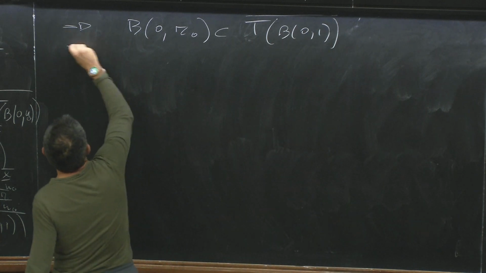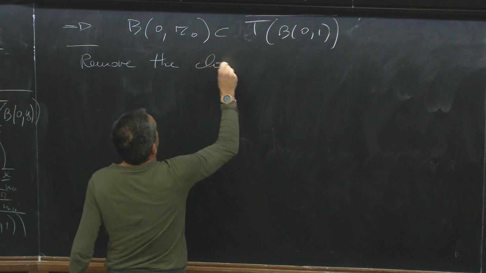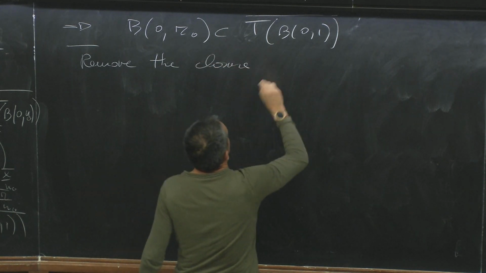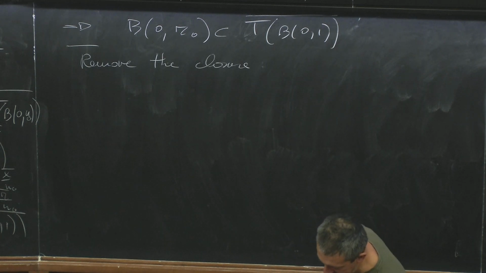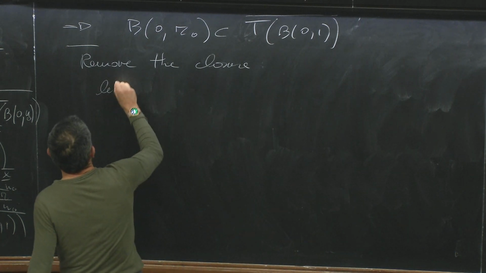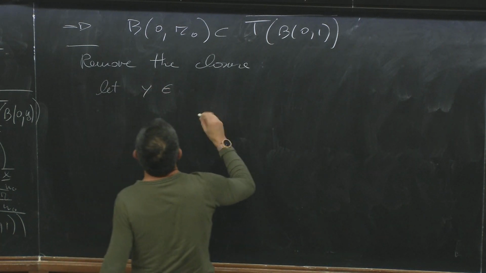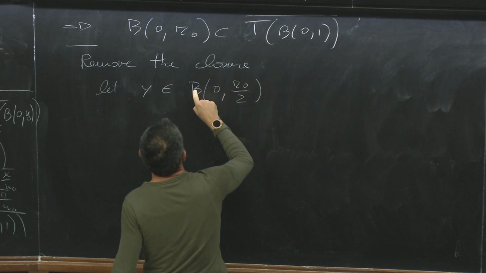So the second step: remove the closure. What we just proved is that for y, which belongs to the ball of radius r0, let's take half of this quantity.